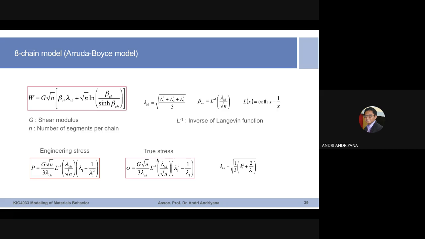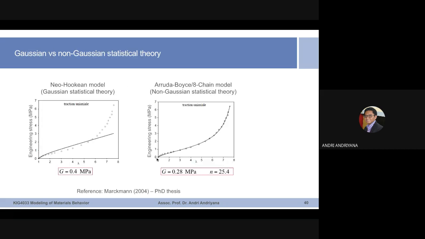Now let's compare the predictive capability between the neo-Hookean model and the Arruda-Boyce model. Again, neo-Hookean is based on Gaussian statistical theory, while Arruda-Boyce is based on non-Gaussian statistical theory. Here is the plot of engineering stress as a function of stretch lambda.